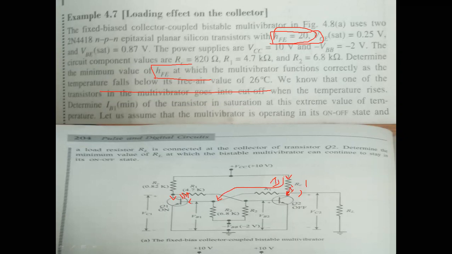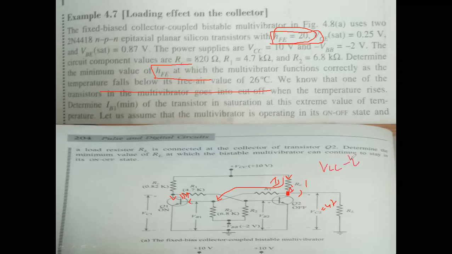When the load is connected, the voltage here is VCE, which we found previously as 4.7. Therefore, VCC minus VCE, that is VCC minus 4.7, divided by RC gives the I1 dash current.